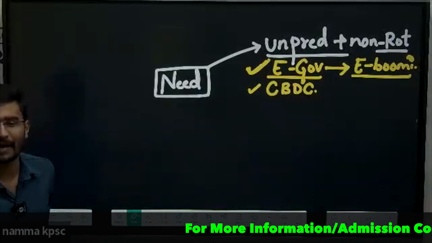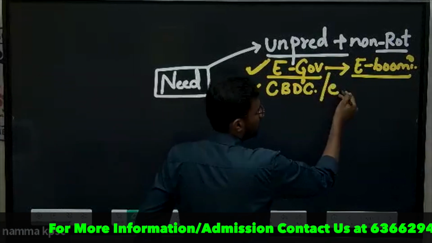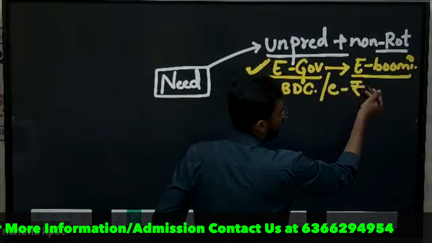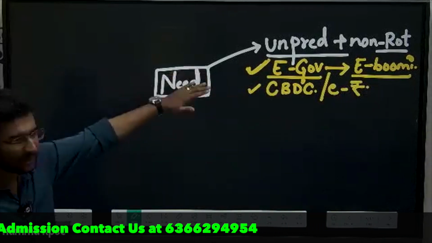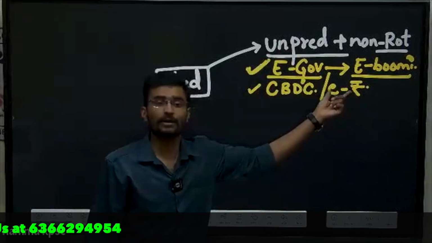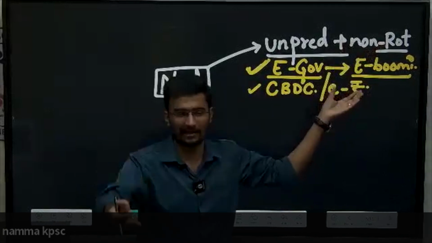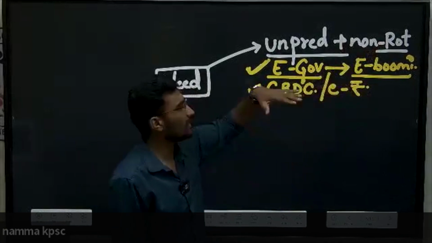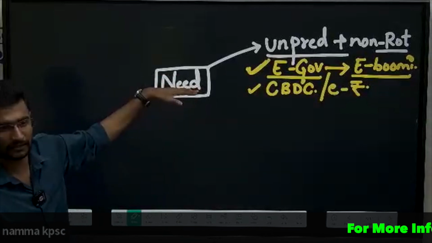It is central bank digital currency, also called e-rupee. Will this have predictable outcomes? Is it routine work, day-to-day life? No. Majorly for this we want different tools and different strategies.